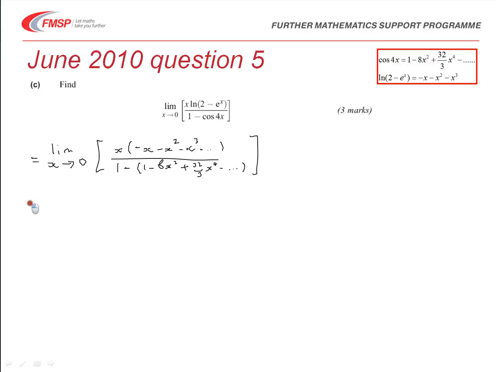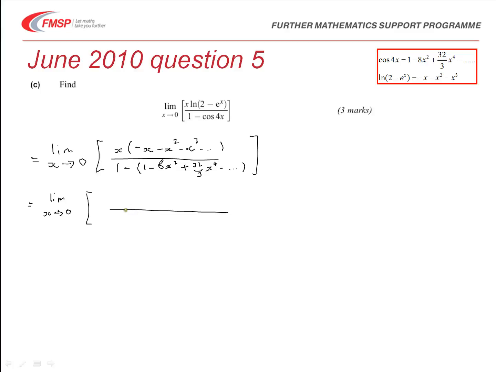So before we can take the limit, we need to then simplify. So again, we simplify that. What are we going to get?